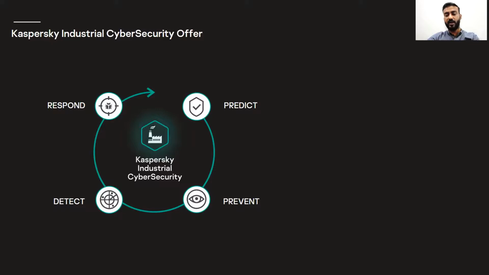What we do here is not only try to strengthen the prediction and prevention capabilities of the customer, but we also focus on strengthening the capabilities in the detection and response area, considering that the OT environment is way different and not considered a typical IT environment. It has a lot of differences.